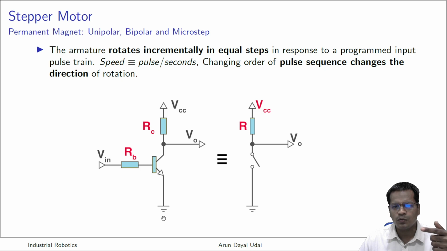It goes downward, so you see an output that is 0. Vo becomes 0 if Vin becomes the control voltage. Normally it is 5 volts in case of TTL, as we have seen in motor driving H bridges also.